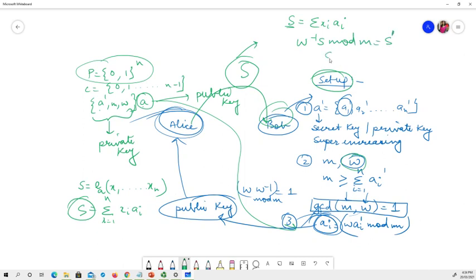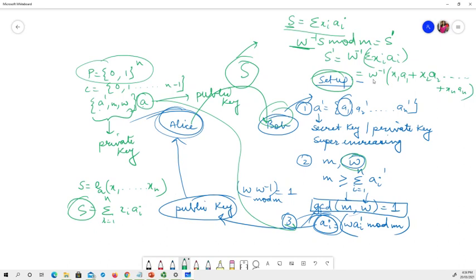S prime is W inverse into the summation of xi into ai, which is W inverse x1 a1 plus x2 a2 plus xn an.